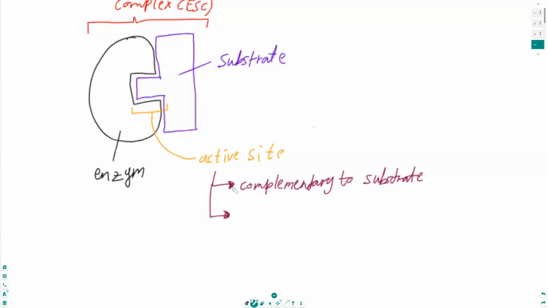Each type of enzyme is highly specific in its function, and it can only catalyze a reaction involving the particular type of substrate molecule that fits into the active site. So that's what we mean by complementary. It can only bind to a specific substrate.